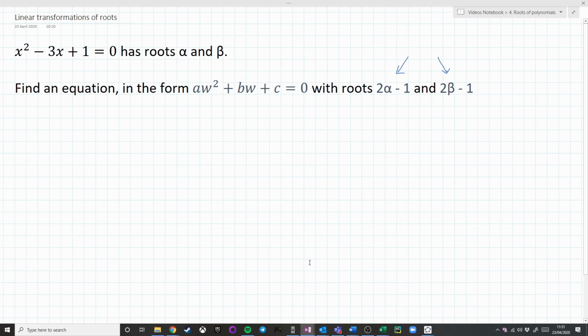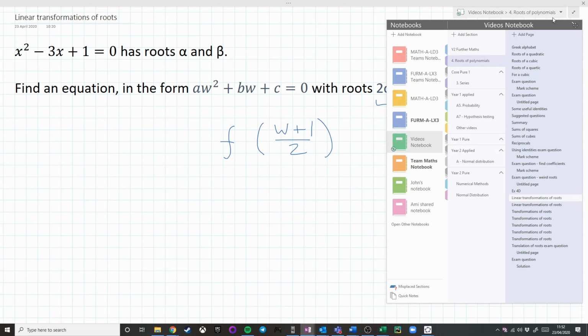So that's going to be the method later on, which, as I'm going to say, is really good. We're going to be interested in f of x. Well, actually, we're going to use w instead. W plus 1 over 2, because that is the inverse function of 2x minus 1.